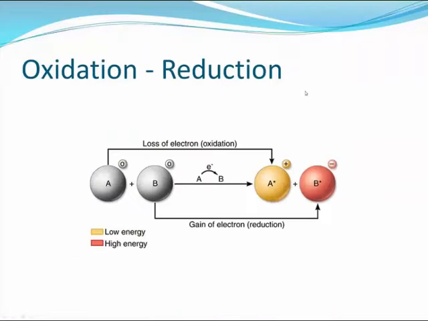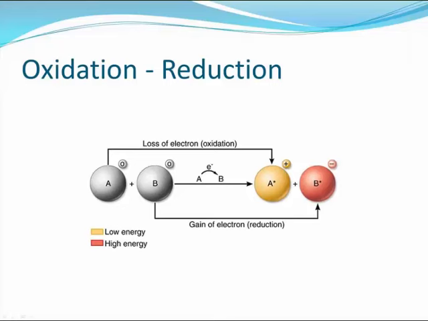All right, now we have oxidation and reduction. Essentially, if you lose an electron, in other words, one of these electrons comes from this atom and goes over to this atom, then that is called oxidation. So this one loses the electron, but this one gains it.